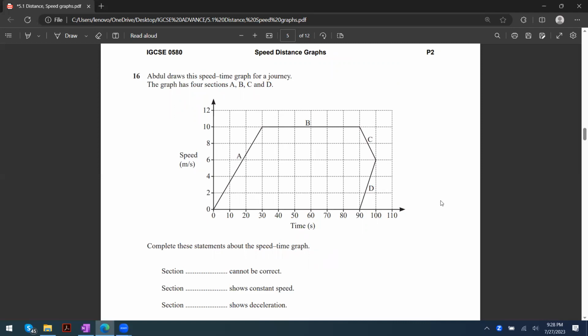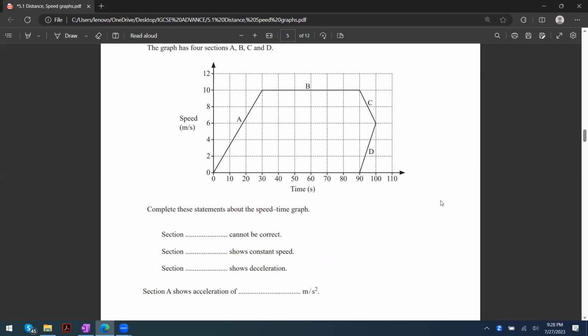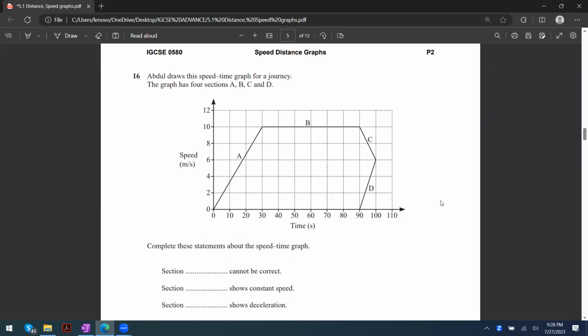Abdul draws the speed time graph. Complete the statement about the speed time graph. Which section cannot be correct?